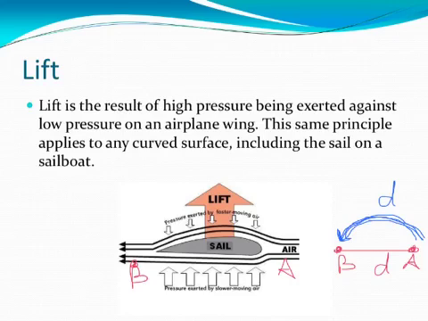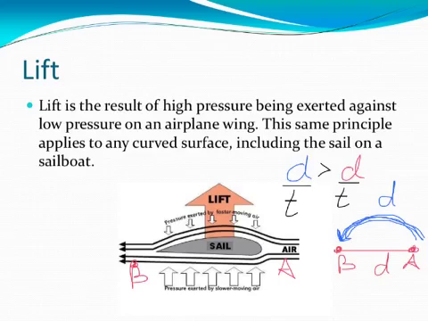However, both the blue D and the red D have to happen in the same amount of time. So if you think about it, D here is larger than D here. If we convert that into velocity, or at least speed in this case, being a scalar quantity, we look at distance over time.